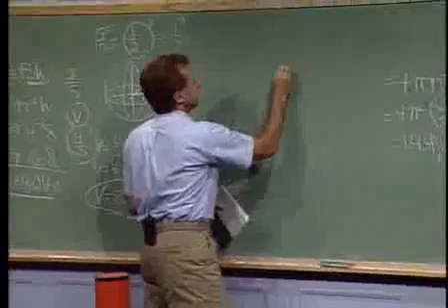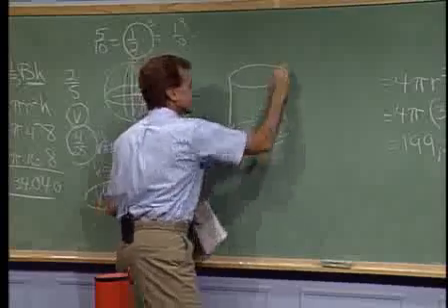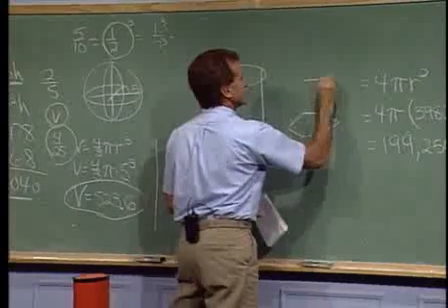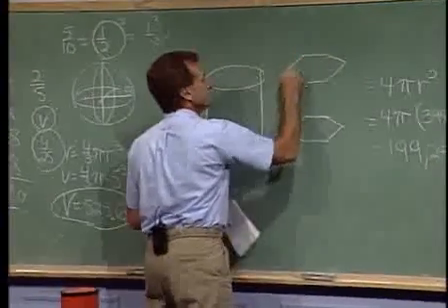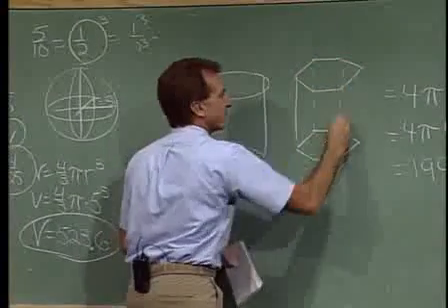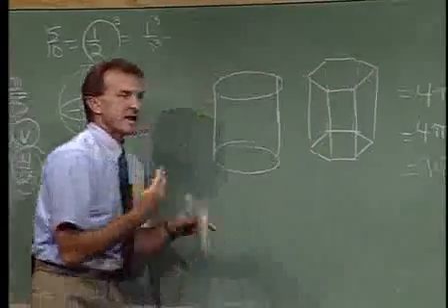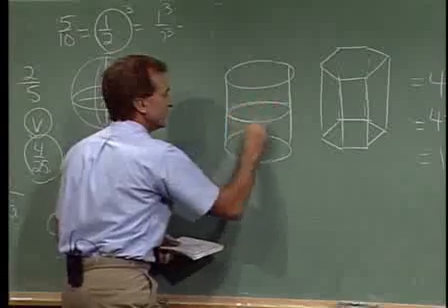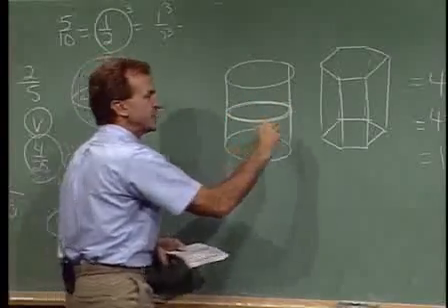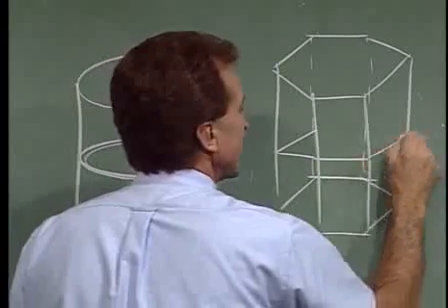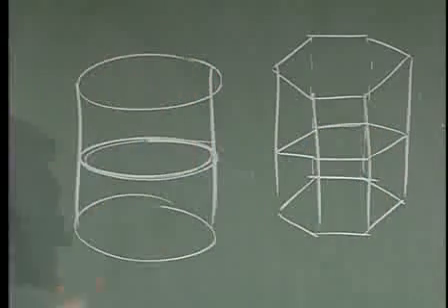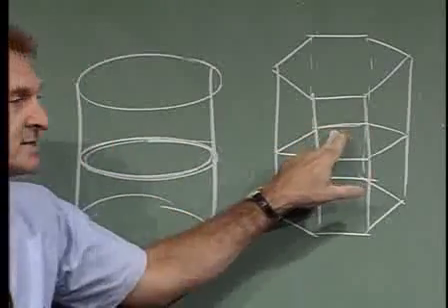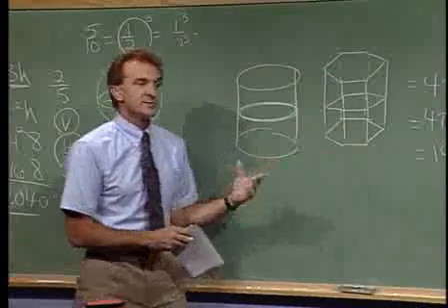So if we have, let's say, a cylinder, like so, and a prism, like this, if they have the same height, and a plane slices through them so that the area of this cross-section where the plane slices through is the same as the area of this where that same plane slices through, if somehow we knew the area of this circle was the same as the area of this hexagon in this case, then the volumes of these must be equal as well.